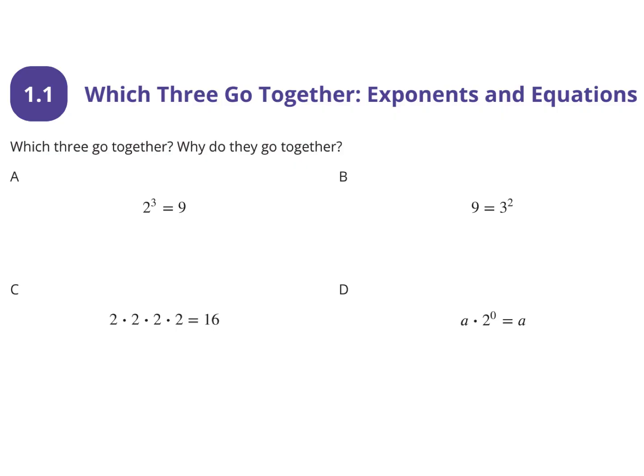Okay, our warm-up today is which three go together. You could say A, B, and D go together because they're in exponential form. When you have a base and an exponent, it's called exponential form.